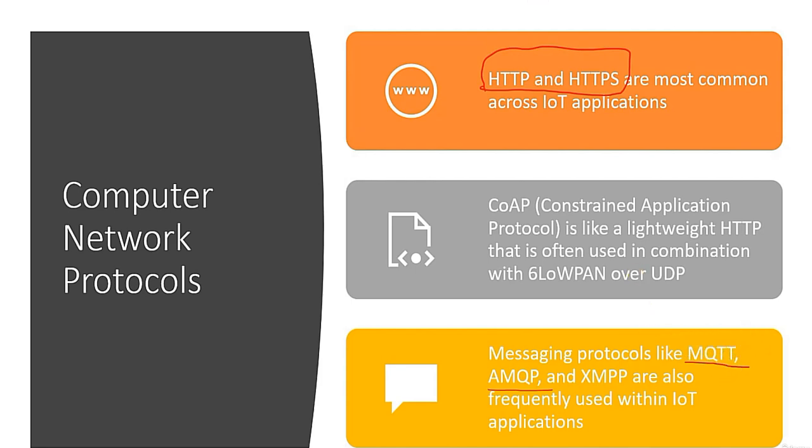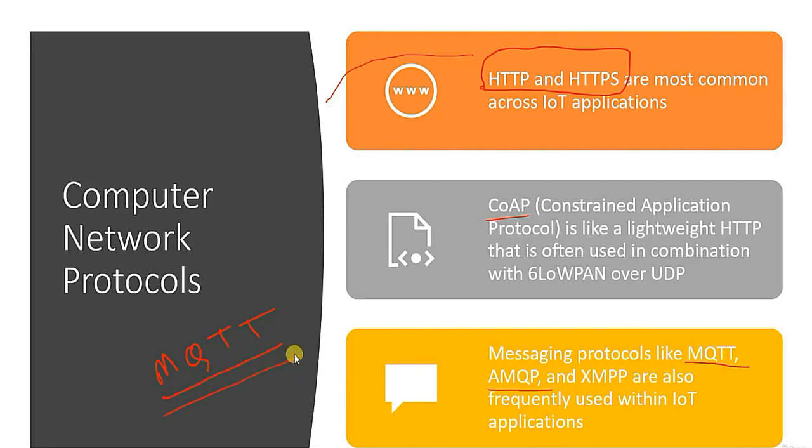HTTP and HTTPS, although they are secure and have a lot of different features, many times are not suitable for IoT. Because of the amount of data we have to send and the latency that is expected, we need very fast communication, and sometimes HTTPS cannot cater to that requirement. In such cases, we have to use specialized protocols for IoT like CoAP or MQTT. If you have heard about IoT for some time, then you might know that MQTT is now considered to be a de facto standard for creating IoT applications.